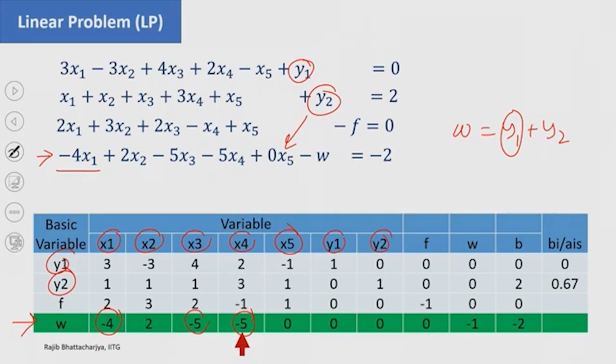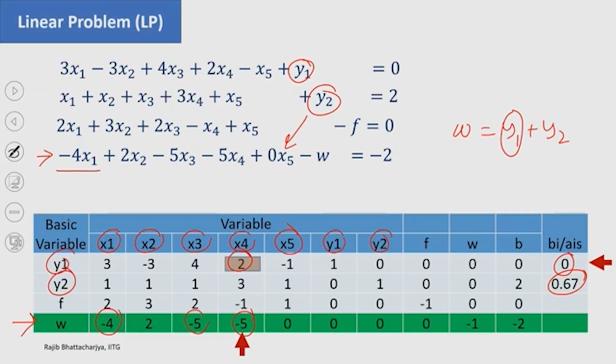Next I will calculate the ratio. Here the ratio is 0 and 0.67. You have to take the minimum one, and the minimum one is the first equation, so this will be your pivoting element.